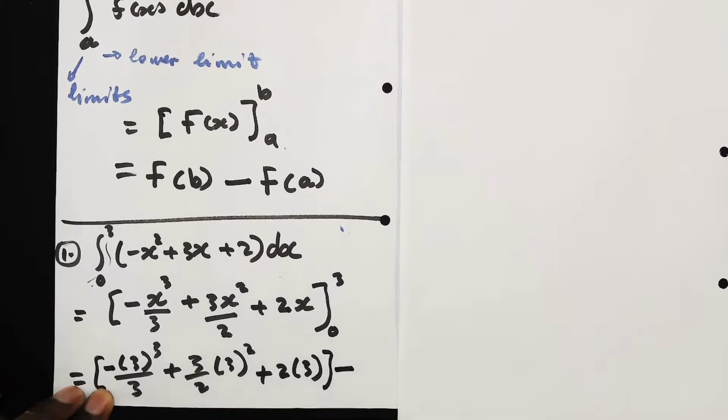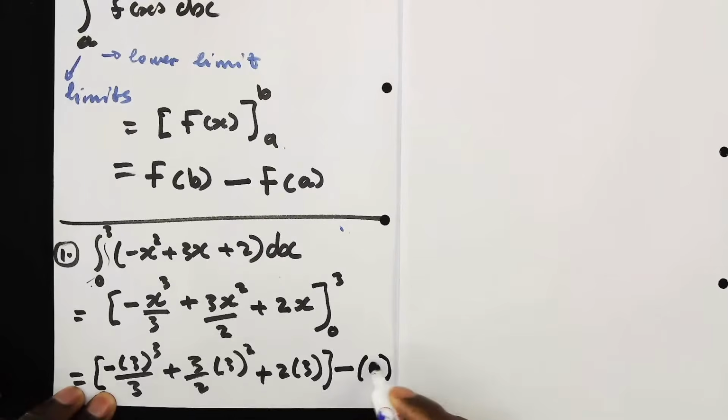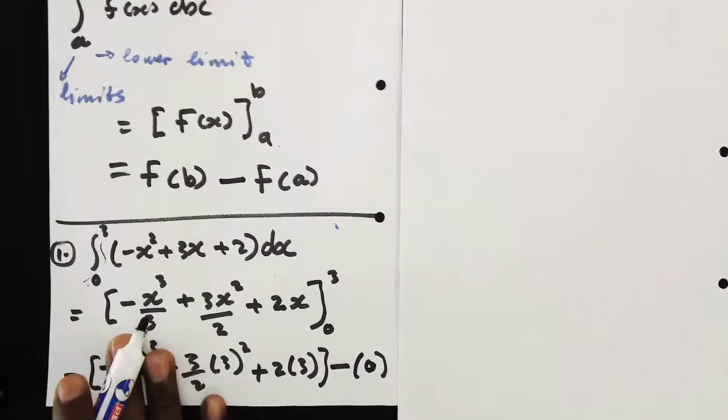Therefore minus, substitute, I hope you see it will be 0. So we'll be subtracting 0 because the lower limit is 0. Then just focus on simplifying the first bracket.